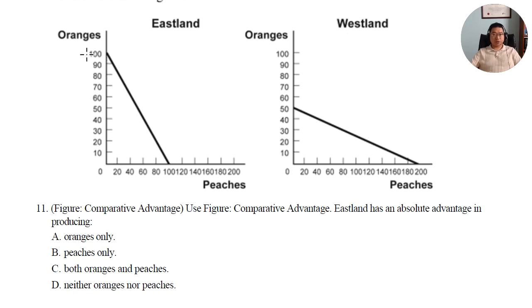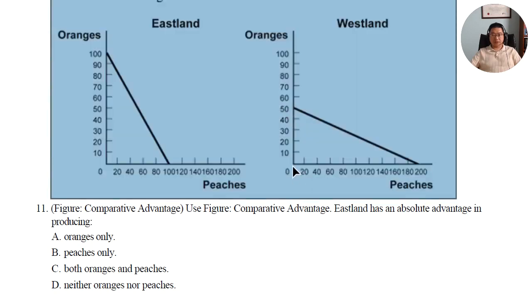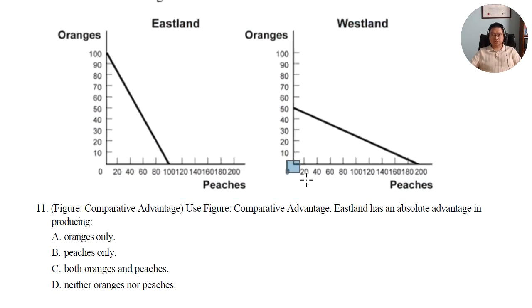So if we look at oranges, Eastland can produce 100 boxes of oranges, and Westland, if it devotes all of its resources into the production of oranges, it produces no peaches, but it can only produce 50 boxes of oranges.